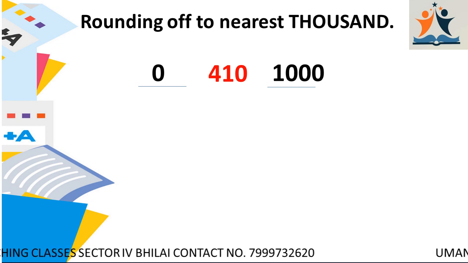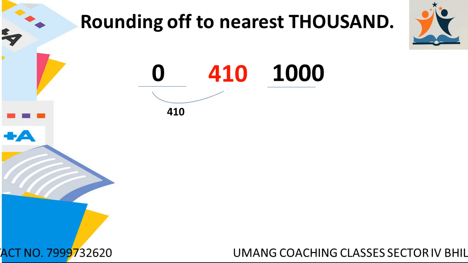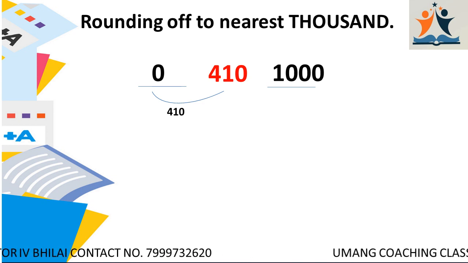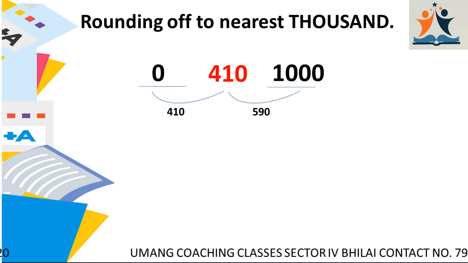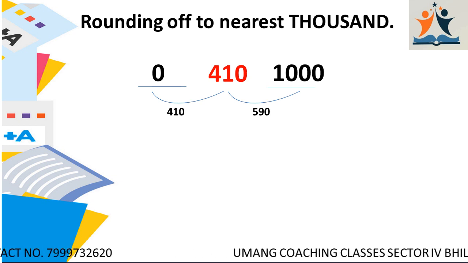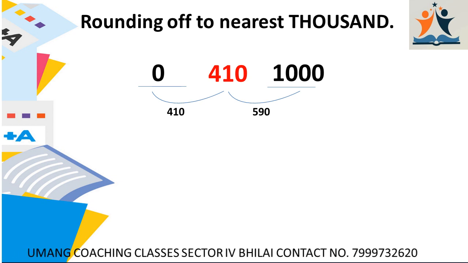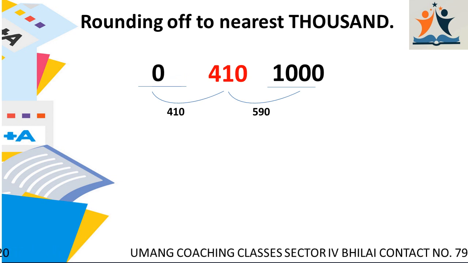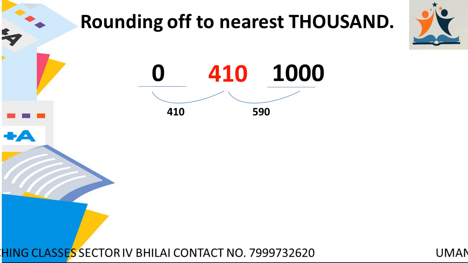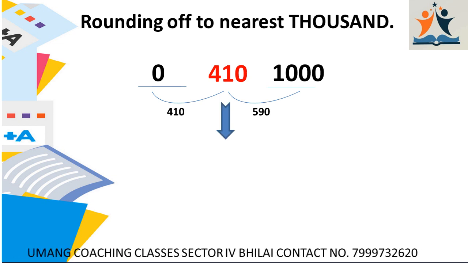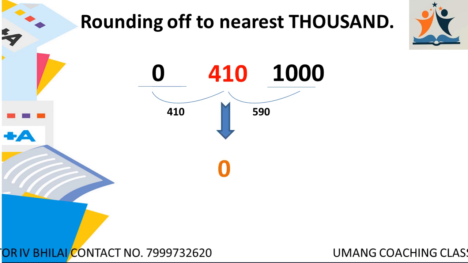The difference between 410 and 0 will be 410, and the difference between 1000 and 410 will be 590. So it is closer to 0 as compared to 1000. So we'll be taking 0 as a round figure for 410. So the rounding off to nearest 1000 for 410 will be 0.